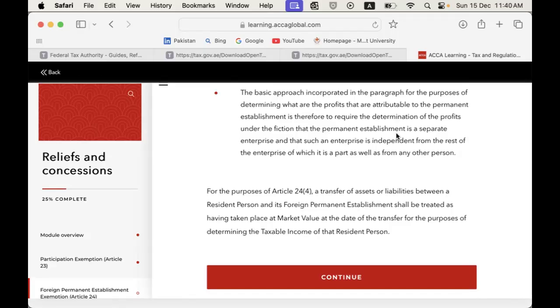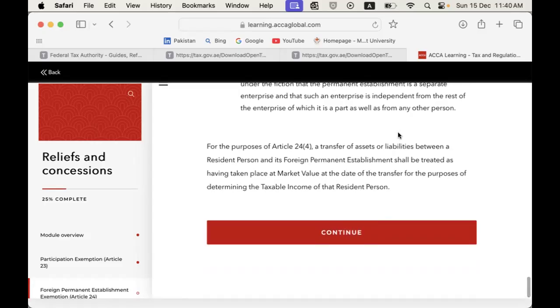How much assets does it own? Because of assets, we earn income, right? Income is earned on top of assets. And then risk, how much amount of business risk that particular establishment assumes. So these 3 criteria usually determine what amount of revenue or profit should be attributed to that branch for analysis.